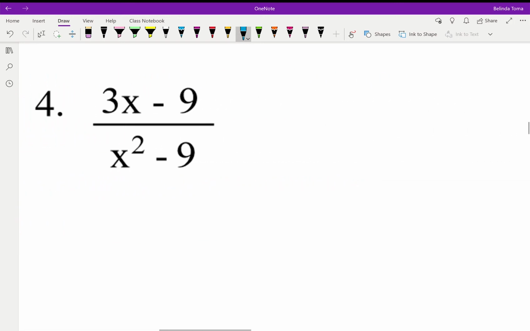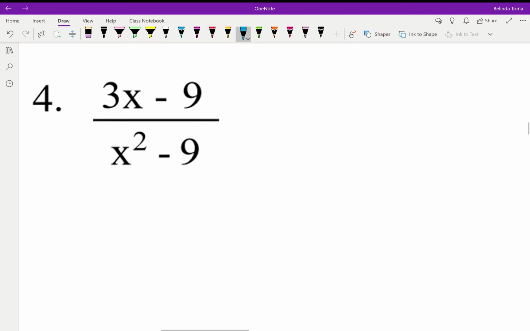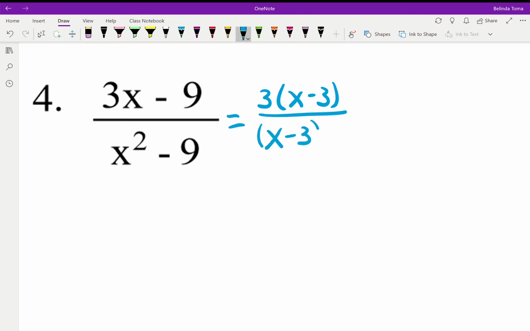So the factoring will get progressively more difficult. So here we see that we again have a GCF in the numerator, but in the denominator we have the difference of squares. So we can factor to x minus 3 times the quantity of x plus 3. And again, as a reminder, the order there doesn't matter.